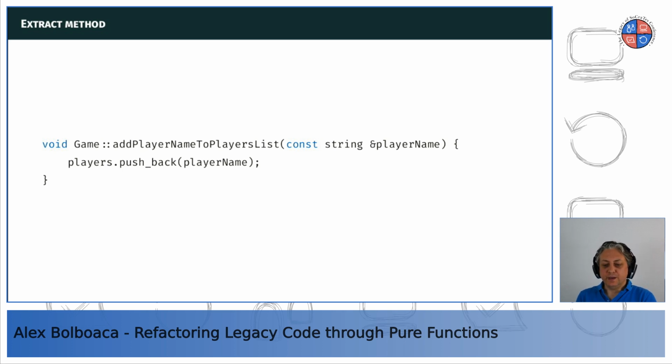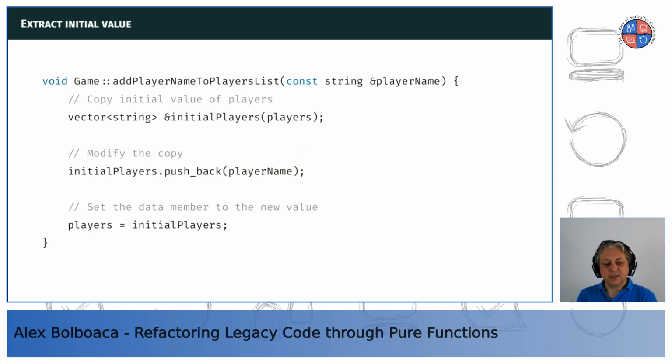And so what would be a mechanical method? So first I need to copy the initial value of players, do the modification, set the data member to the new value. This is something that I couldn't find a way to do automatically in an IDE. So basically I have to do this manually.